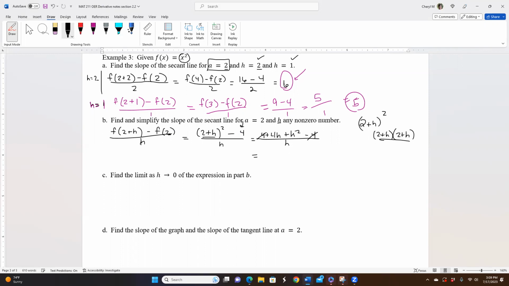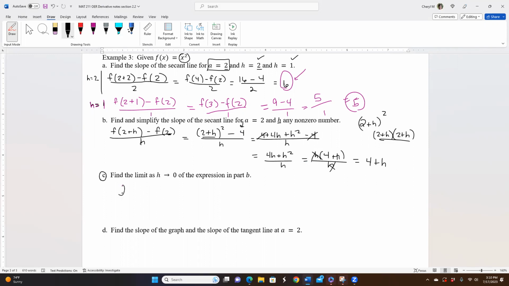Simplifying, we'll get the 4's to cancel, and we'll have 4h plus h squared over h. Further simplifying, we see that there's an h in both of the terms in the numerator. If we factor it out, we have 4 plus h times h. Then our h is canceled in the numerator and denominator, leaving us with 4 plus h. That would be the slope of the secant line when a is 2 and h is any non-zero number.